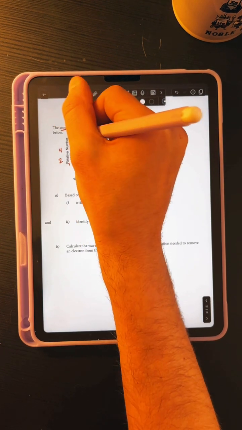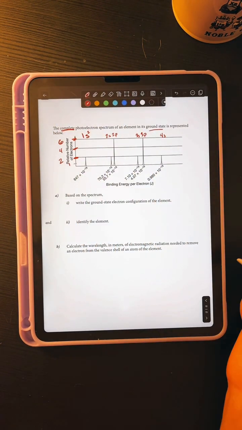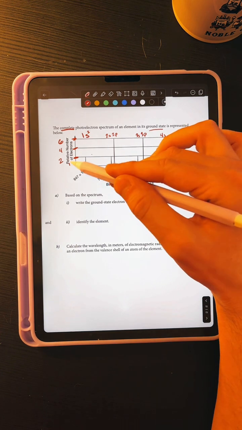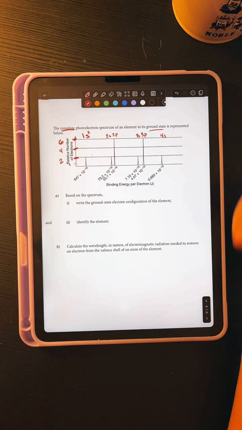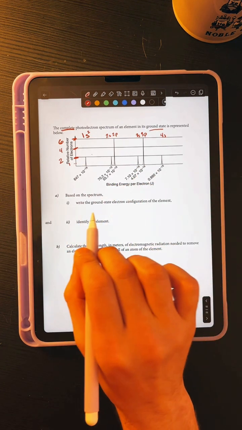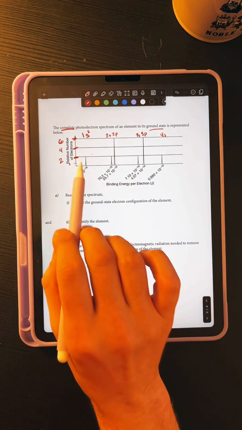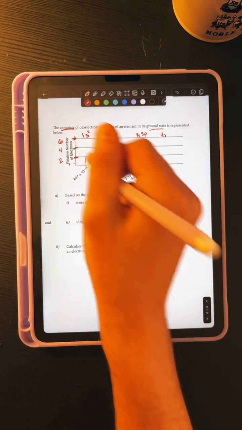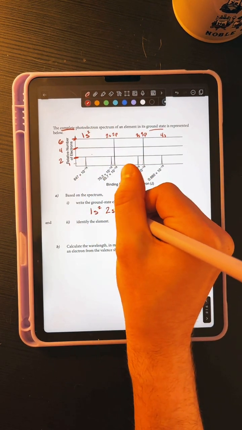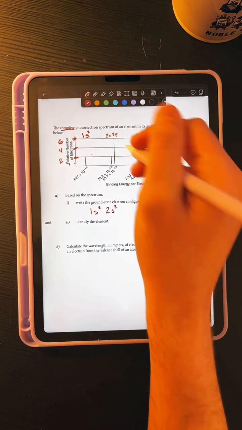and then we can keep going. This is 4, and this is 6 electrons, because that's the relative number of electrons. So 2 in an s orbital, and so on. So if we wanted to write the ground state electron configuration of this element, we'll just go from left to right. 1s2 completely filled, 2s2, it hits that line 2.